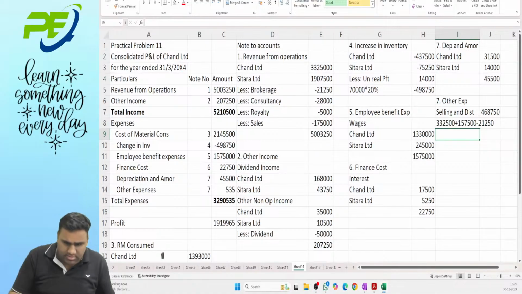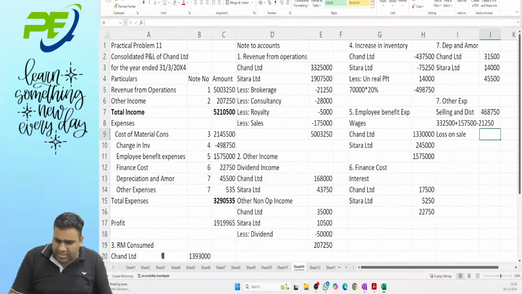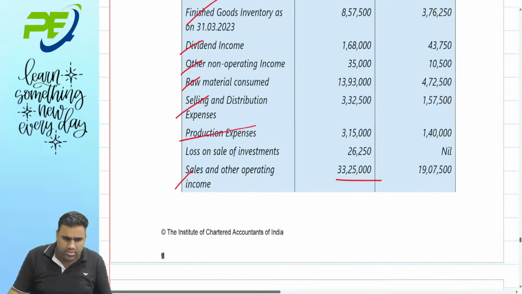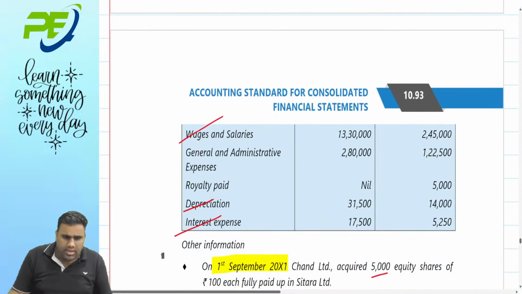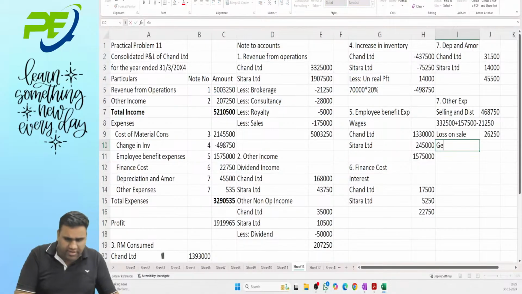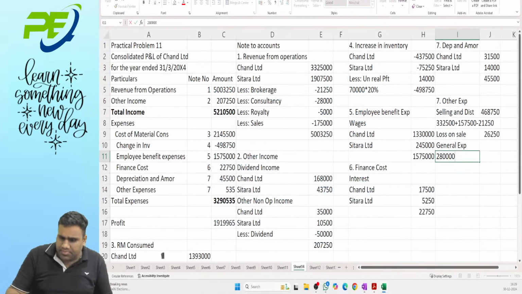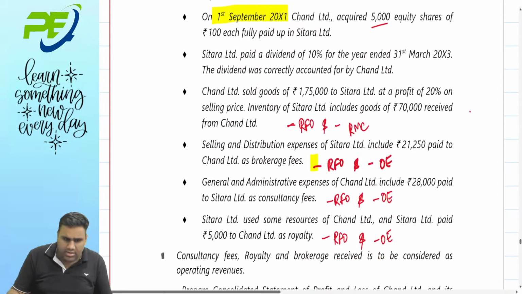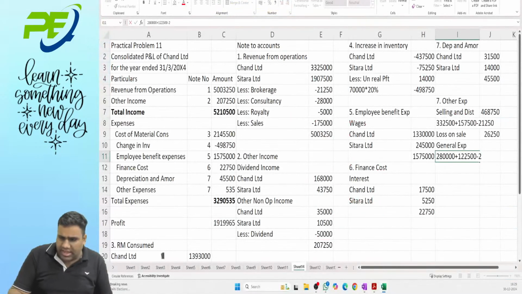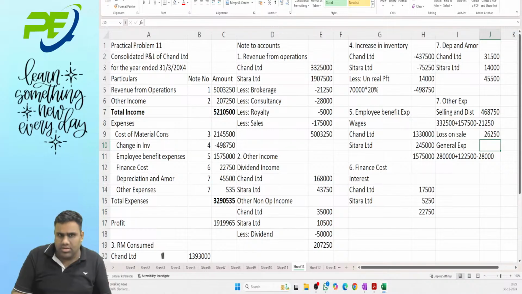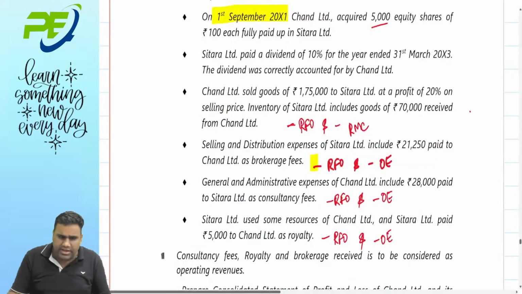Loss on sale 26 250. Then general administrative expense: 2 lakh 80 plus 122 500 minus 28,000 is 374 500.